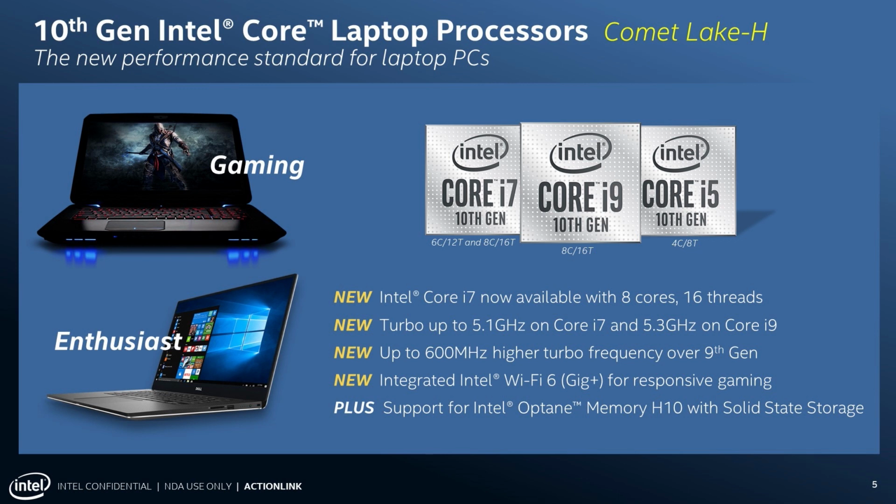And what we've done in this family is, first off, we used to have with 9th gen just a 6-core 12-thread. We've introduced an 8-core 16-thread version as well. So now we have the same number of cores that we have on desktop. Guys, at the end of the day, for gaming, it's diminishing returns, right?